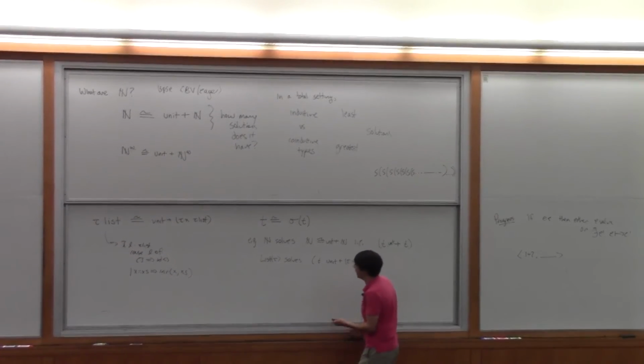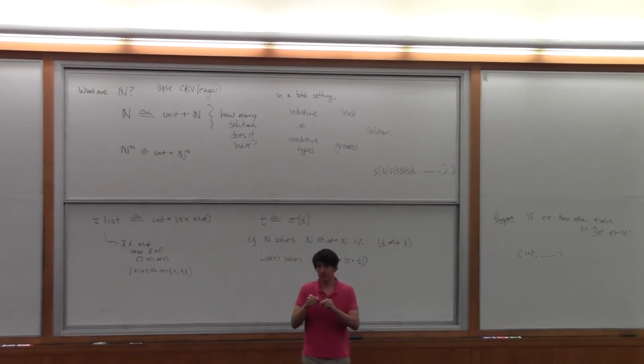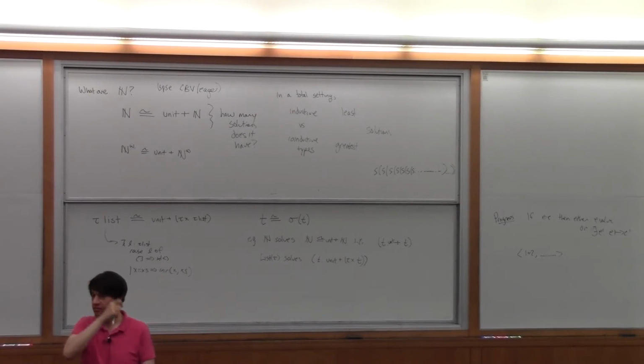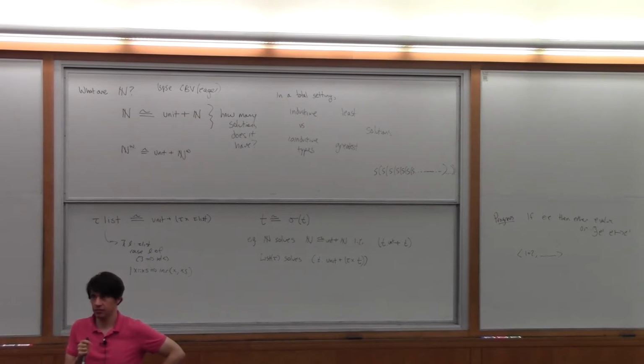When you say the greatest solution, it sounds to me like we want to pack as many elements as we can into that set, like the set or the type of natural numbers. It's like the greatest thing consistent with the fact that it's closed under those rules. Right?